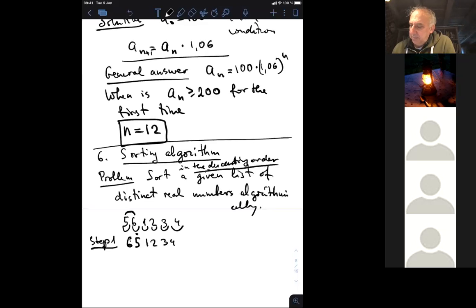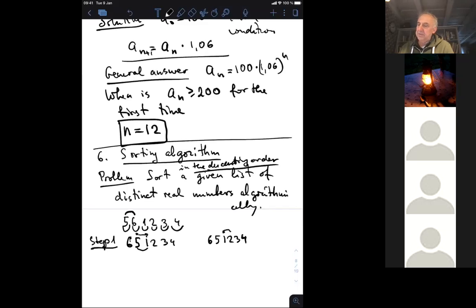Now we're comparing 5 and 1. They're in good order, so 1 is smaller than 5, so this bubble will move here. So we're now looking at the same sequence of numbers, 6, 5, 1, 2, 3, 4, but we're comparing this guy and the next one.